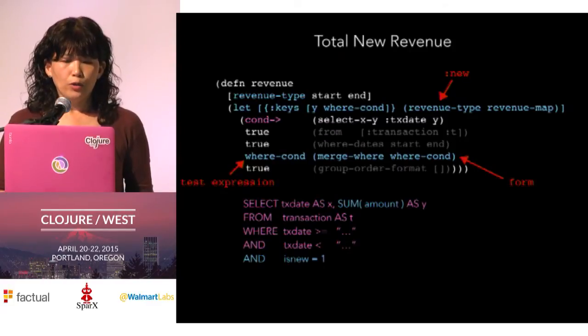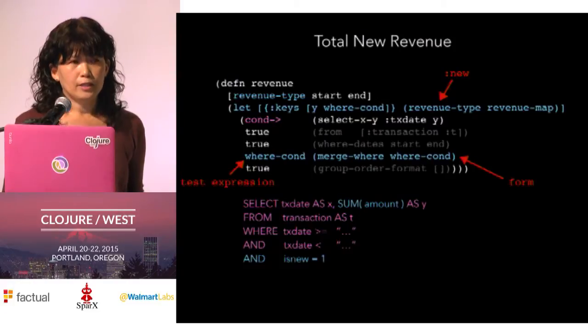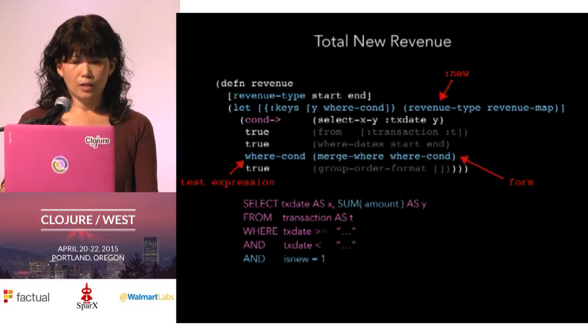Then we are going to use cond single thread to test if the where condition is true. Cond single thread takes a set of test expressions at the end of the form. If the test expression is true, then the form will be evaluated. Otherwise, it will test the next expression. It doesn't halt there like cond.